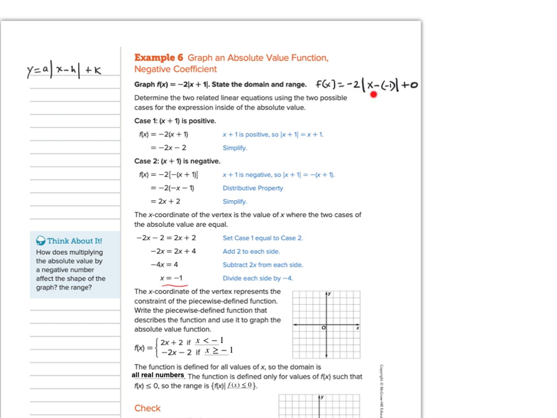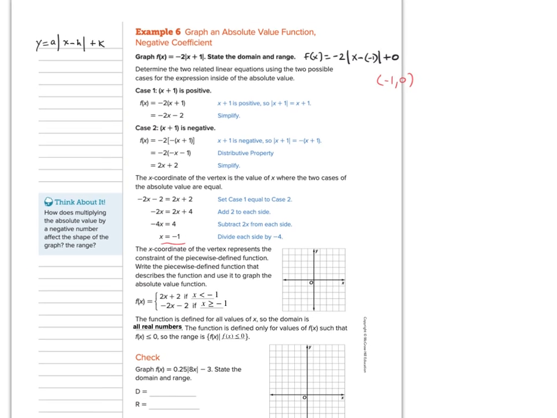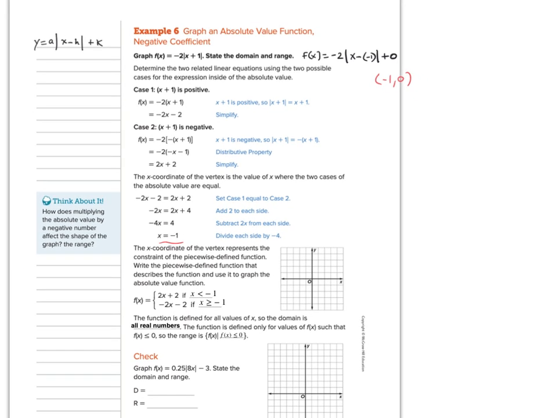So since it's x plus 1, that would be x minus a -1. And then k out here is 0. So I know the vertex should be -1, 0 by the understanding of functions and how they are manipulated. So just keep that in mind.